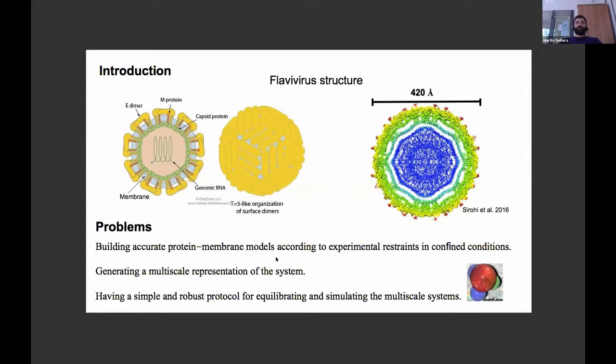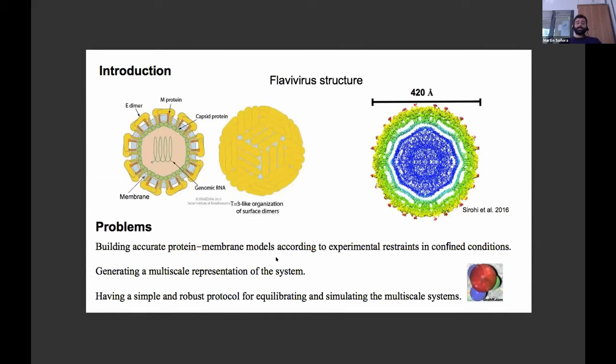In fact, the present capability to simulate this kind of system may be further enhanced by the use of multiscale strategies, which combine atomic resolutions with coarse-grained resolutions.